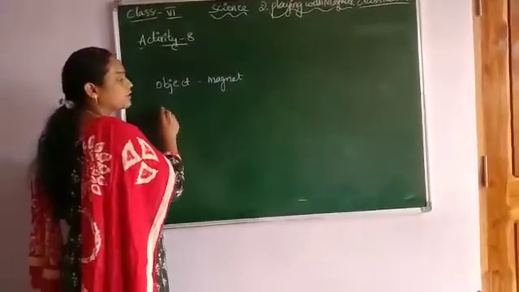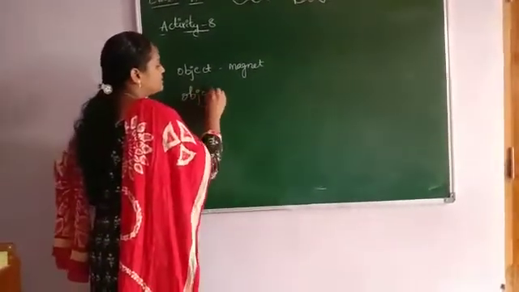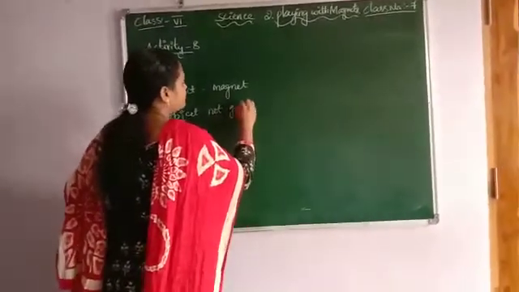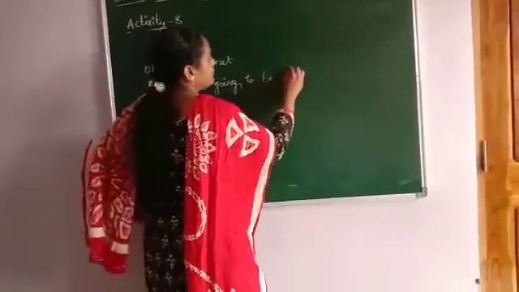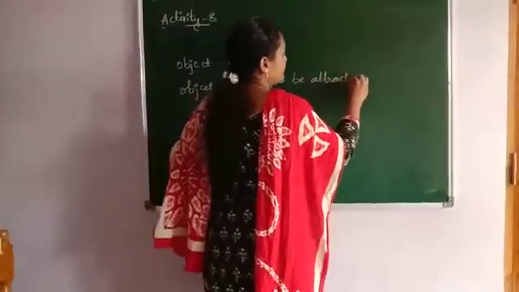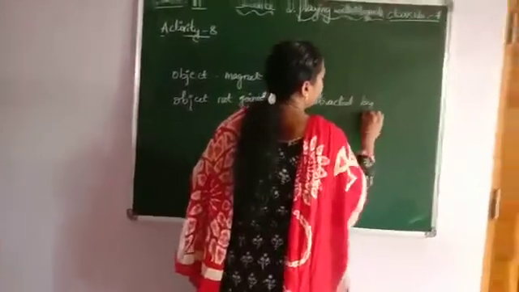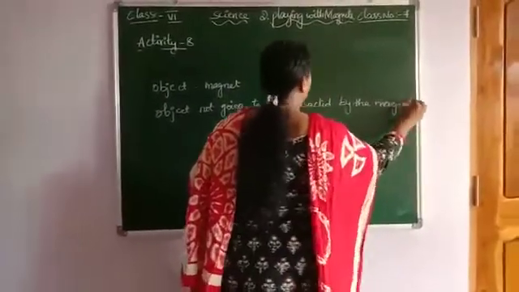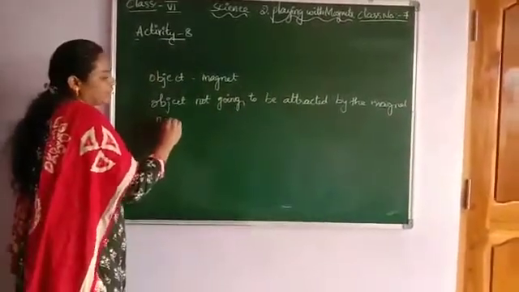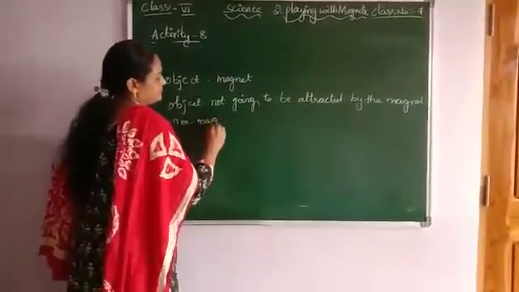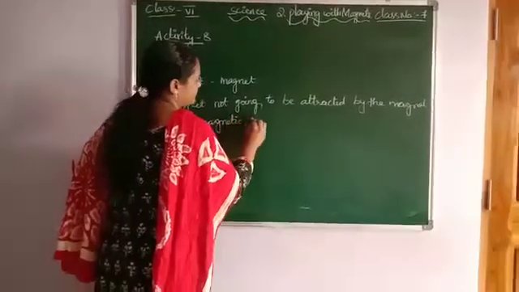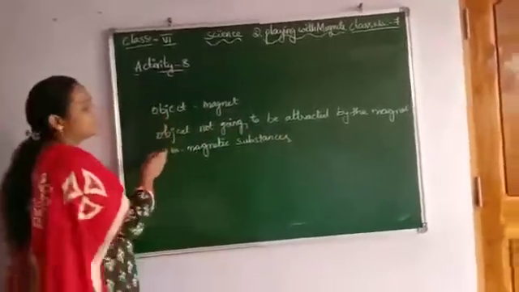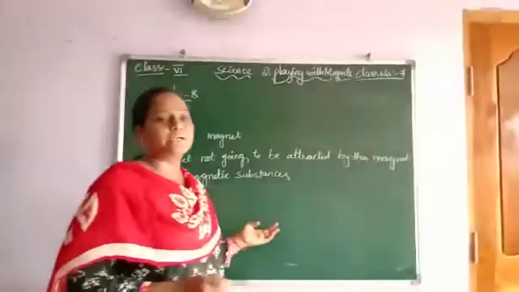Any object that is not attracted by the magnet is known as a non-magnetic substance. Like that you can differentiate magnetic and non-magnetic substances.